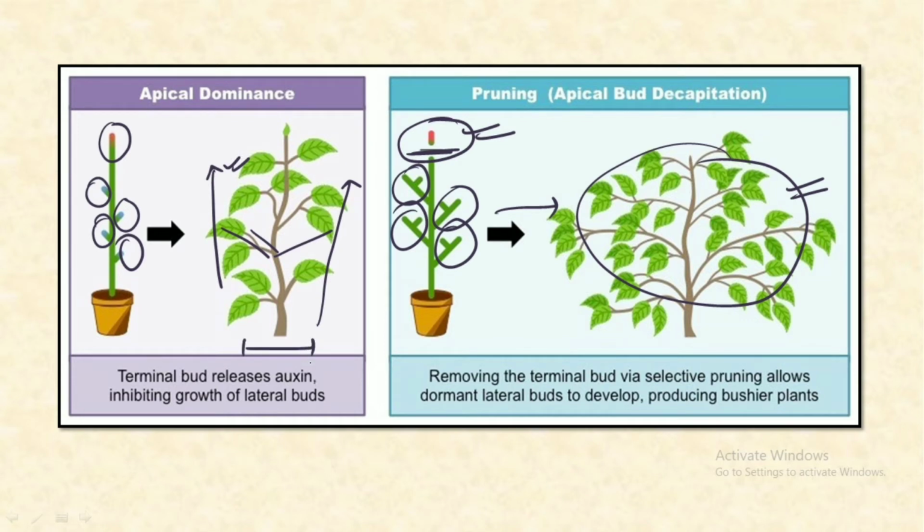But as we prune the tip, the apical meristem of the plant, the auxin present at the tip is removed, and the lateral buds grow and develop, and finally the plant appears more bushy. As you can see, there is an increase in the width of the plant as compared to the length. So this is all about apical dominance.